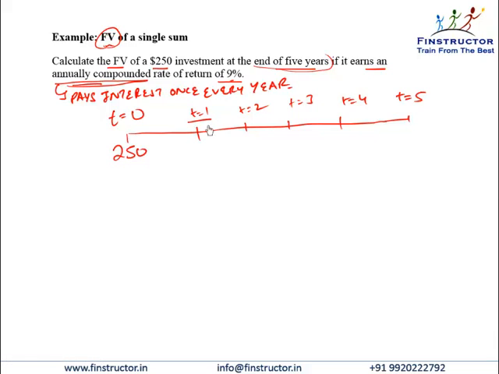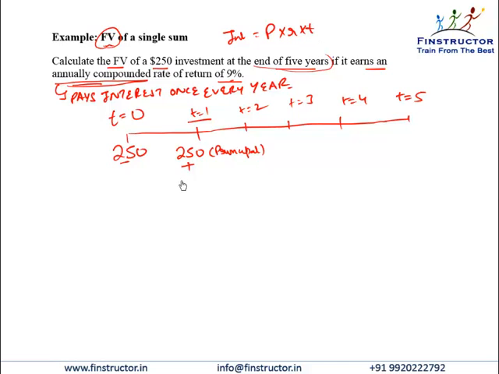So if the bank pays interest once every year, what will be the value of the investment at t equal to 1? We began with $250. So at the end of year 1, we will get our principal back, that is the money we invested, plus we will get some interest. So this $250 is the principal that we invested, and the interest, please remember, is given as the principal into the rate of interest into the time.